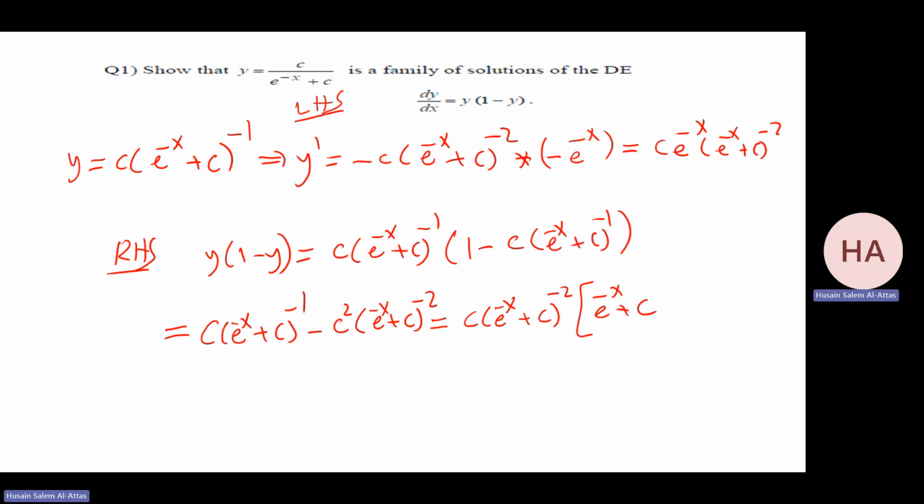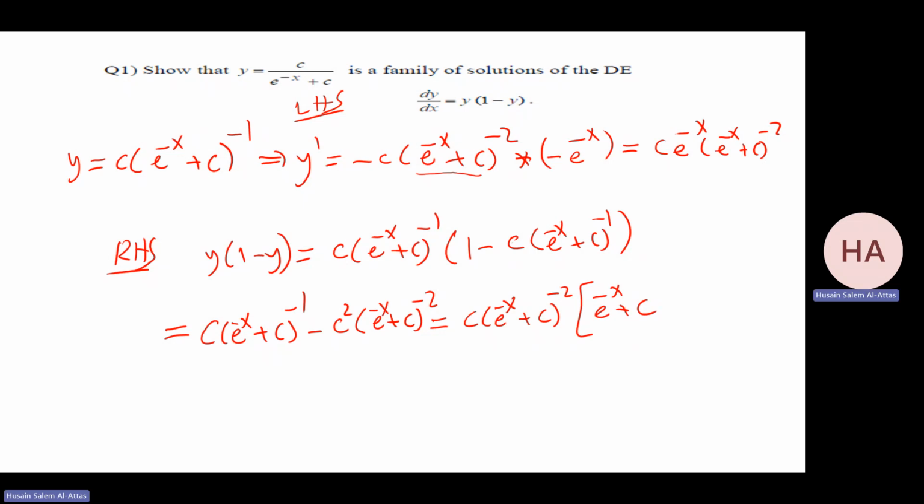Should be minus c. Wait a minute. Y is this. So I'm missing a c here somehow. This will be minus c e to the power minus x plus c to the minus 2. Derivative of this is minus e to the minus x. That will be this. Now I took y, which is c e to the minus x plus c to the minus 1, times 1 minus c.